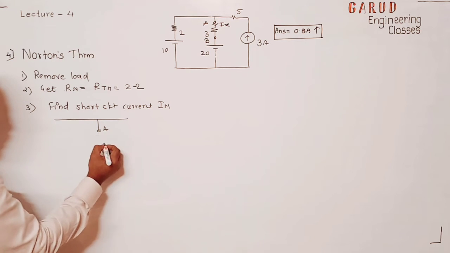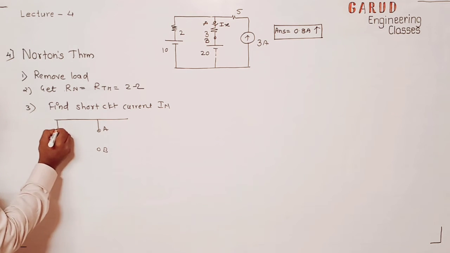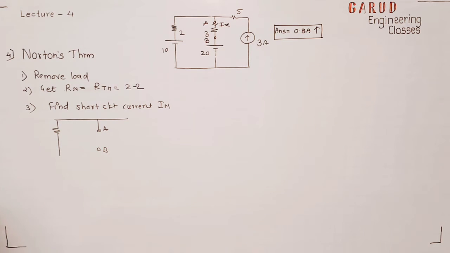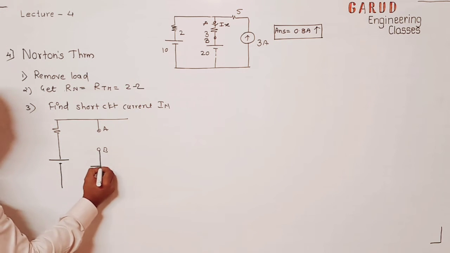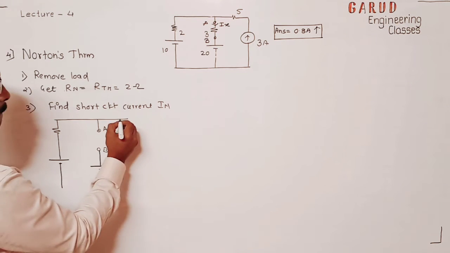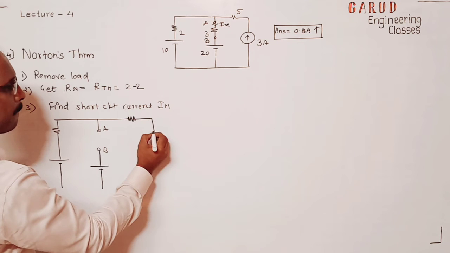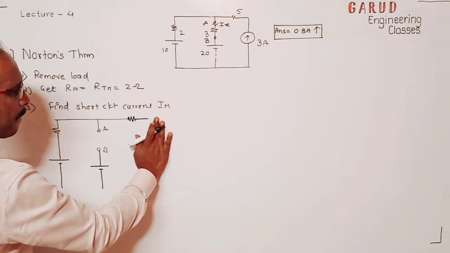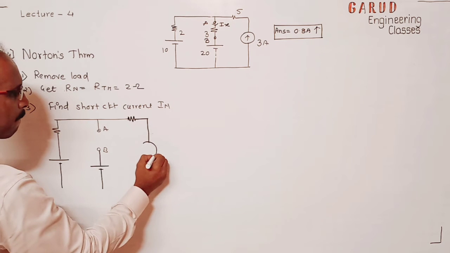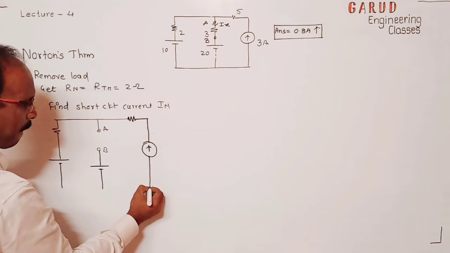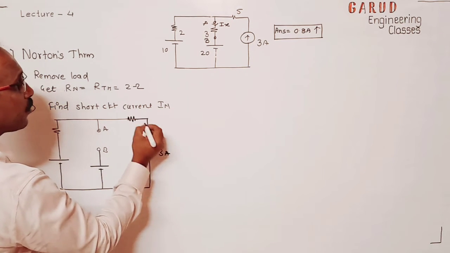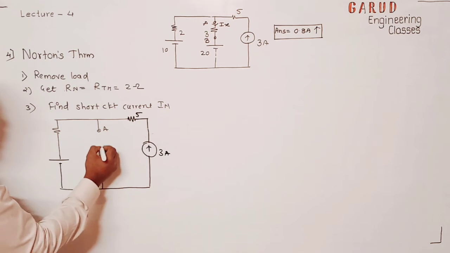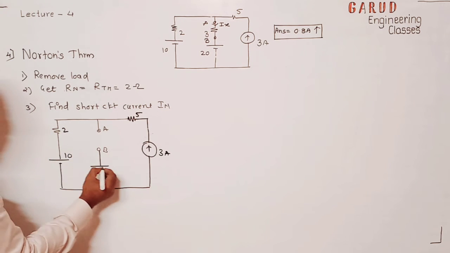Here I mark A, B. The circuit has a 3 ampere source, 5, AB, 2, 10, 20.